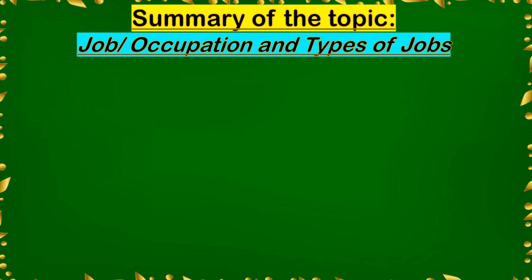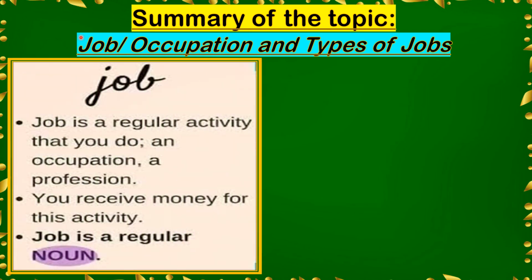Now, class, I would just like to summarize the topic that we have discussed. We have discussed job, occupation, and of course, the different types of job. When you say job, a job is a regular activity that you do, like, Miss MJ, I'm a teacher. An occupation or a profession. When I do my job, I receive money for this work.